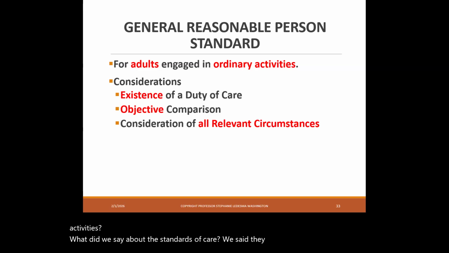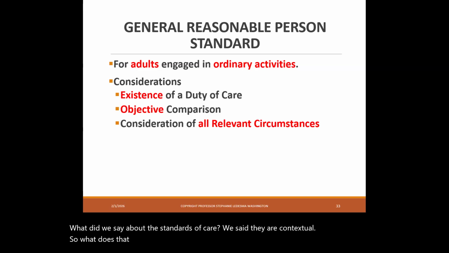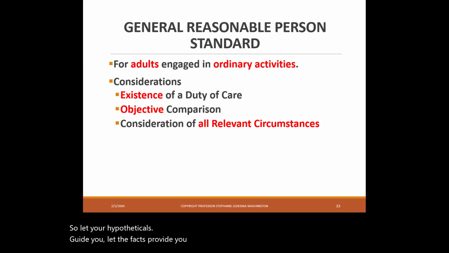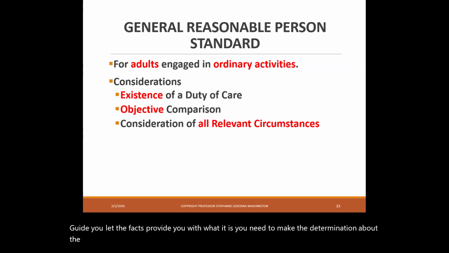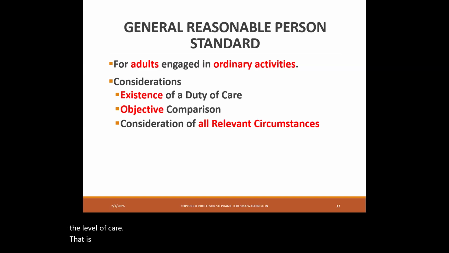That means that it's not fixed, that it's going to vary. So let your hypotheticals guide you. Let the facts provide you with what you need to make the determination about the level of care being exercised by the defendant in your call of the question.